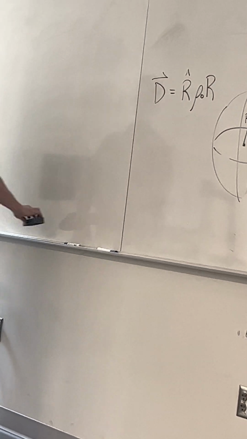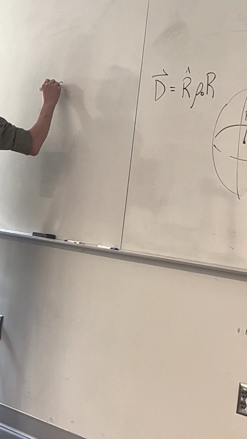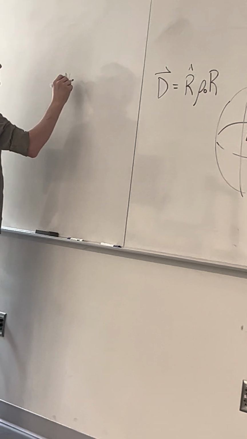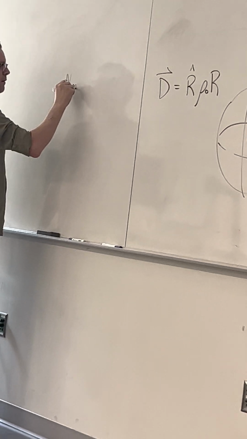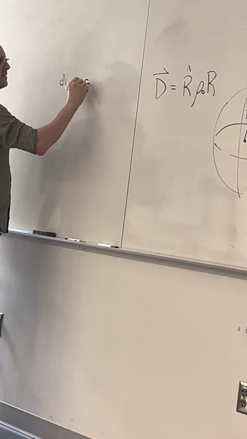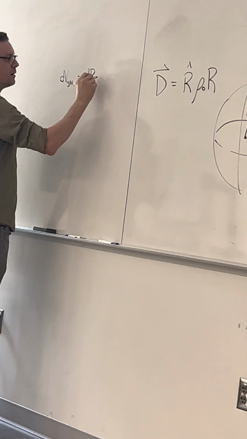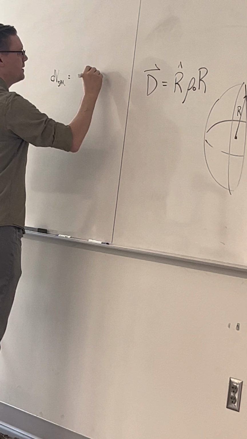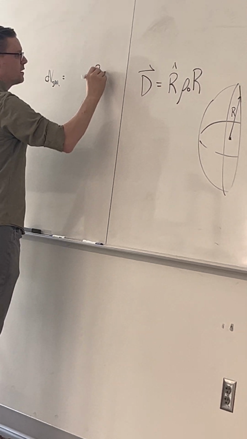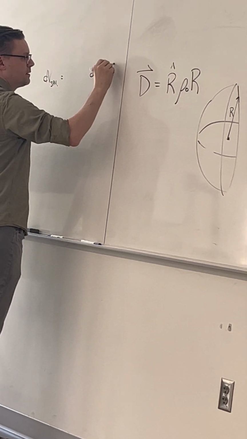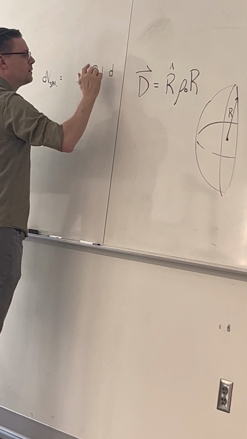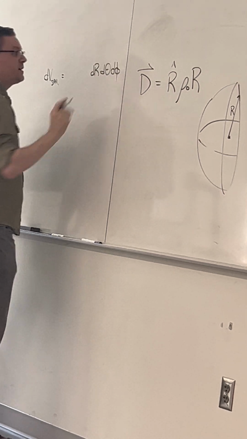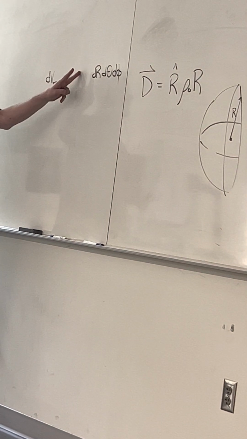Because what I want you to remember is that when you have dv in spherical, it's dr, d theta, d phi. But there's stuff we have to put up front, right?